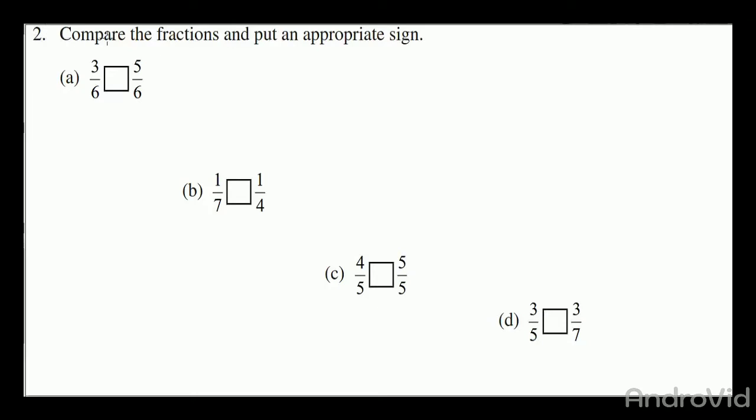Second is compare the fractions and put an appropriate sign. You have to compare and then use signs. So same denominator, therefore greater numerator. Here we have to convert them to make like fractions. Multiplying with 4 and 7 respectively, it would be 4/28, and the other one would be 7/28.